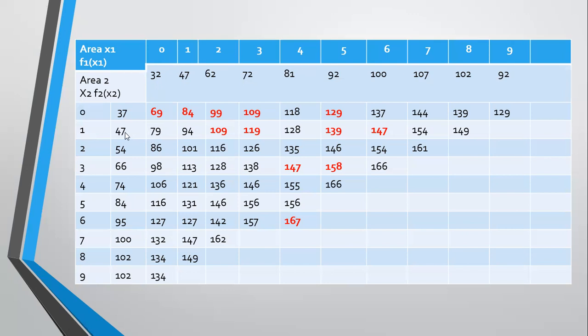What are the cost details given here? 47 plus 32, 79. 54 plus 32, 86. 66 plus 32, 98. Like that, we need to calculate the cost column wise up to the last row. So you have to fill this column. Now we have calculated the total profit cost column wise and also row wise.